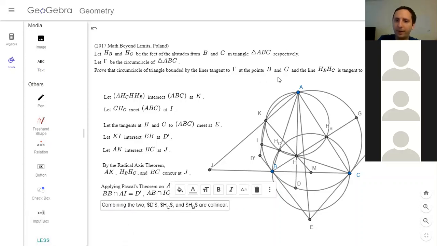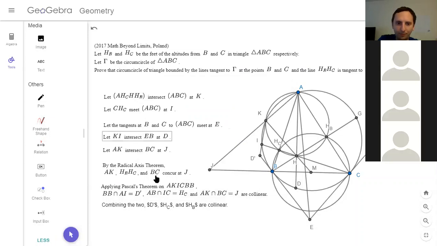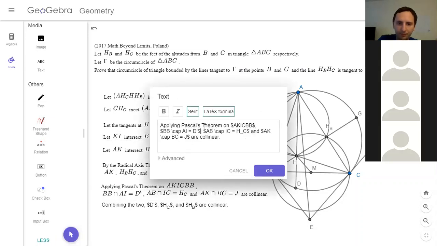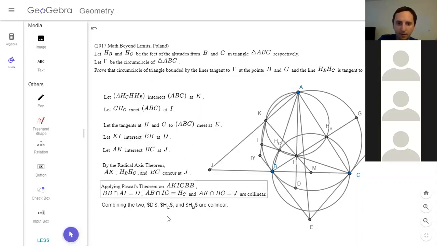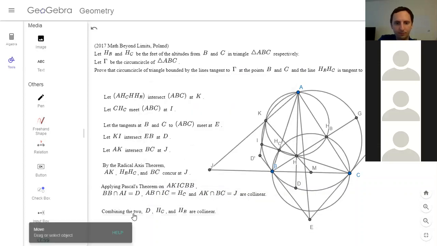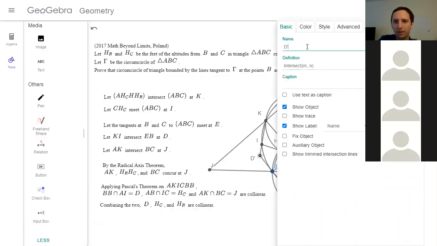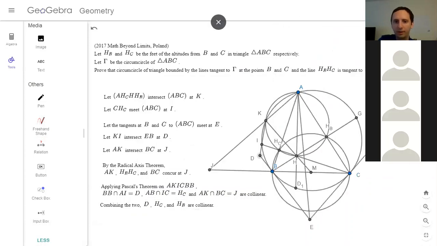Actually, they never really defined D, and I didn't even need to put prime. I'm just going to delete all the primes. You should change the diagram too, because there are D and D primes. Yeah.